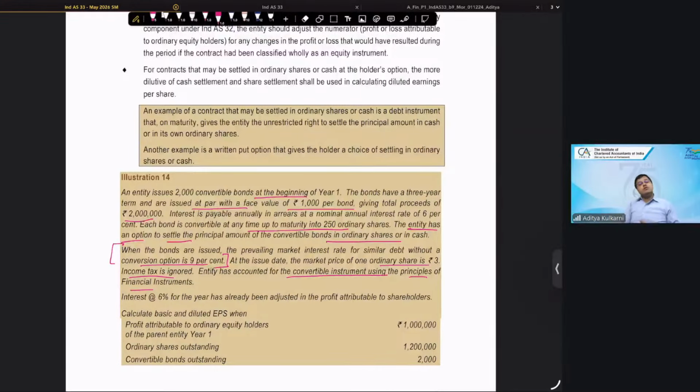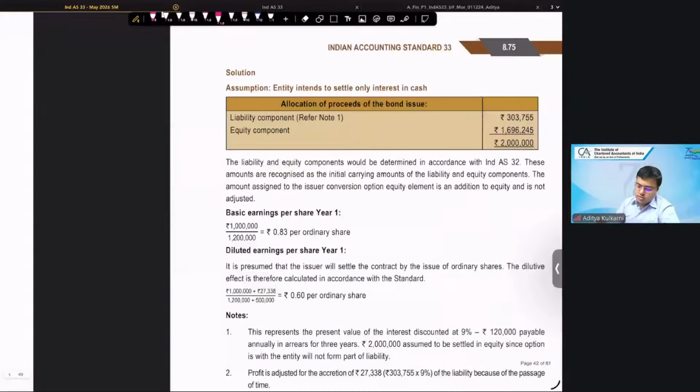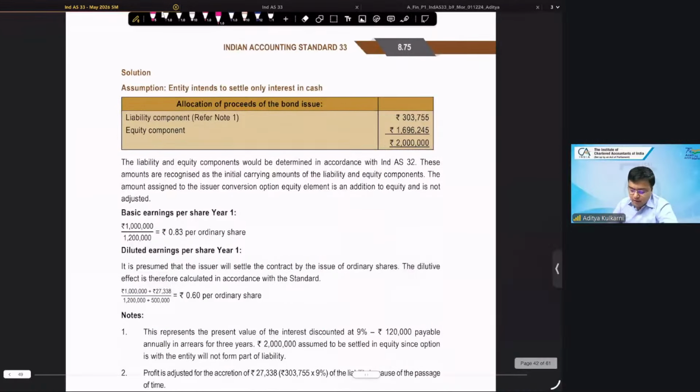Even if it was not given, because market rate is given, you have to follow the financial instruments principle. Interest at 6% for the year has already been adjusted in profit attributable to shareholders. Calculate basic and diluted EPS when profit attributable to ordinary equity holders is 10 lakhs, ordinary shares outstanding 12 lakhs, convertible bonds outstanding 2000.